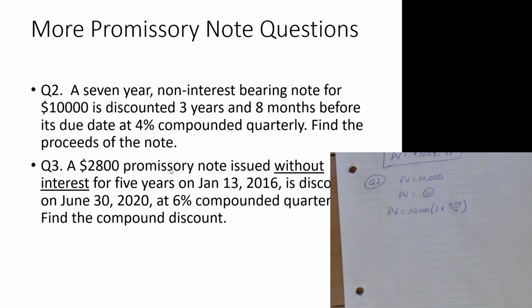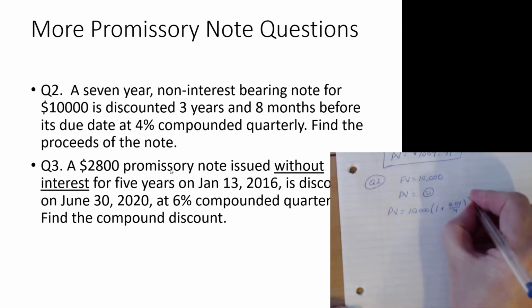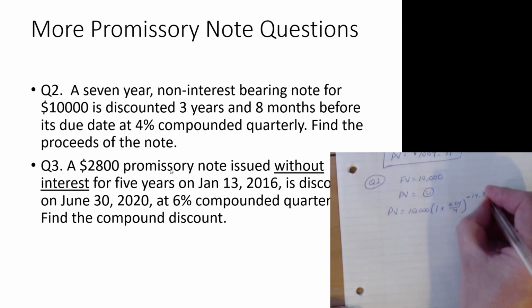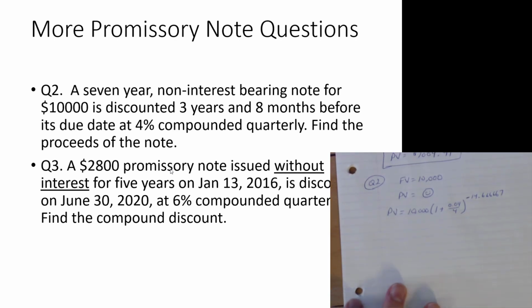So I have 2 quarters and 2/3. Right? So I have, and this is present value, it's a negative 14.666667 quarters. Okay, verify that. Get that in your head, because you'll be the ones that have to calculate this on an exam and in a pressure situation.